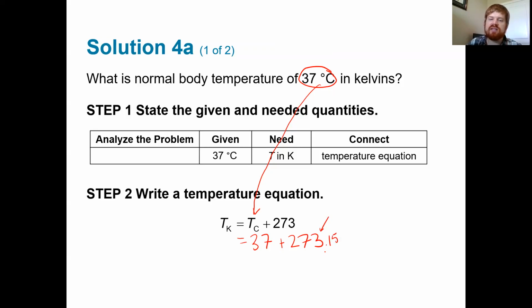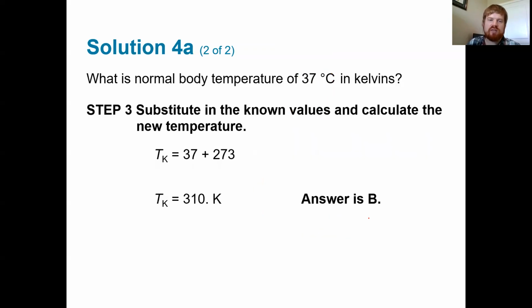And that would be exact. It's exactly 273.15. But of course, the important part for significant figures is the measurement of the Celsius degree. So we know this 37 degrees Celsius to the ones digit. So that means we're going to know our answer to the ones digit as well. So do the calculation. We end up with 310 Kelvin. And again, we know it to the ones digit. And that is the correct answer.